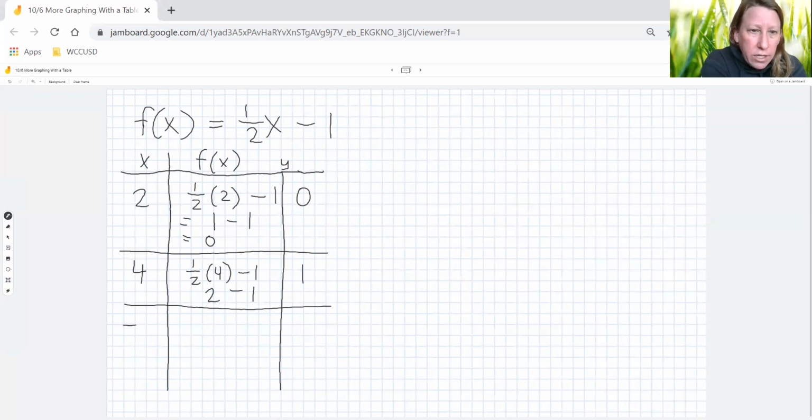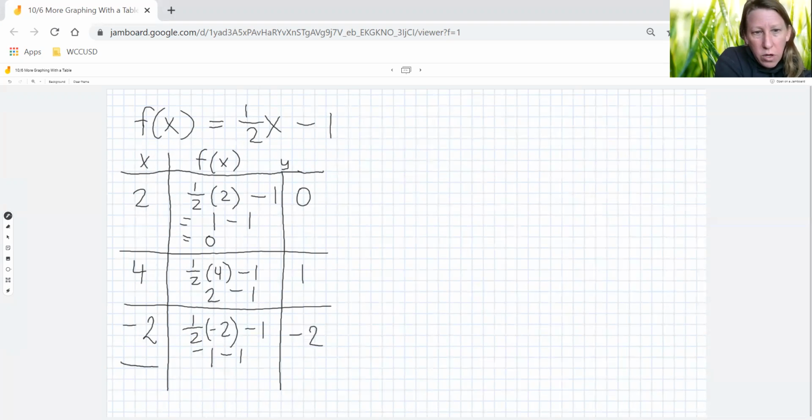How about negative 2? That's an even number. So we have half of negative 2, and then we're going to take away 1. Half of negative 2, if you have 2 negatives and you take half of them, now you have 1 negative. And 1 negative minus 1 is negative 2.